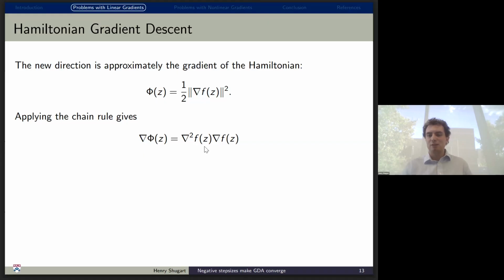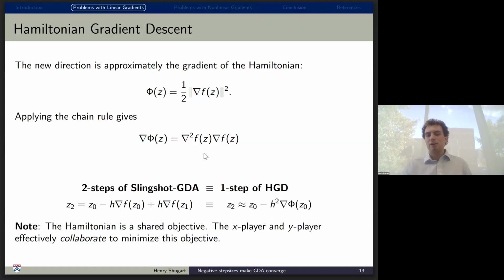And why might this be a good direction to move in? Because we're looking for a stationary point. And so by moving in a negative gradient direction of phi, we move towards stationarity of the entire function f. And so 2 steps of slingshot GDA are approximately equivalent to 1 step of Hamiltonian gradient descent.